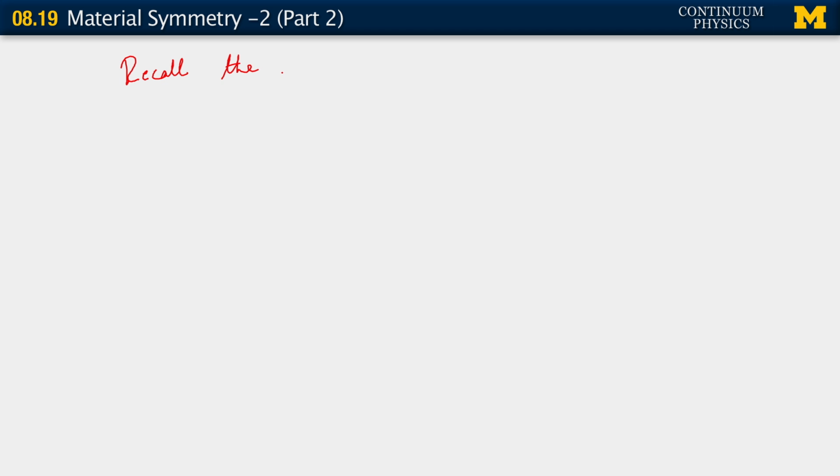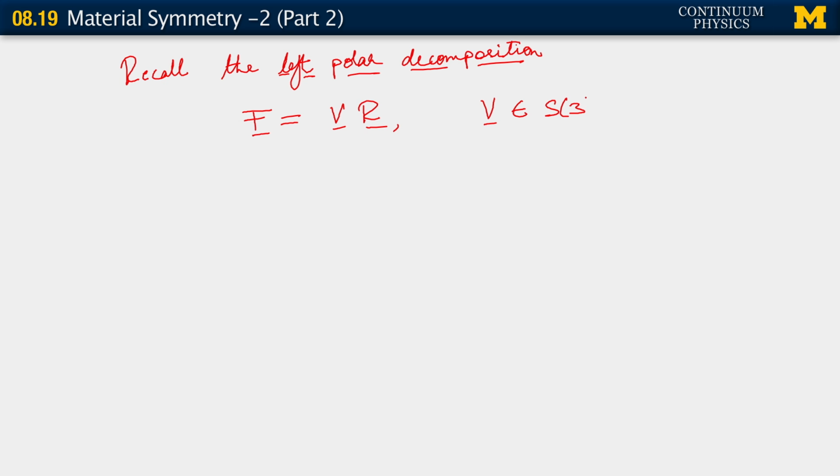In particular, we recall the left polar decomposition, and that was that F can always be written as VR, where V is a stretch tensor, a symmetric, positive definite tensor, and R is a handedness preserving member of SO(3).